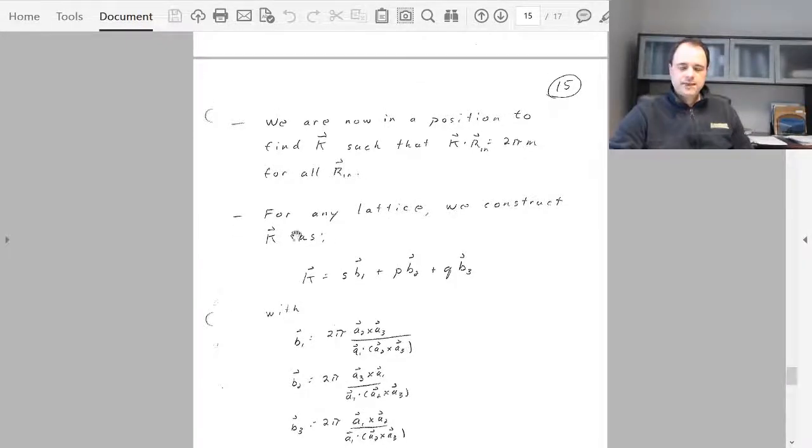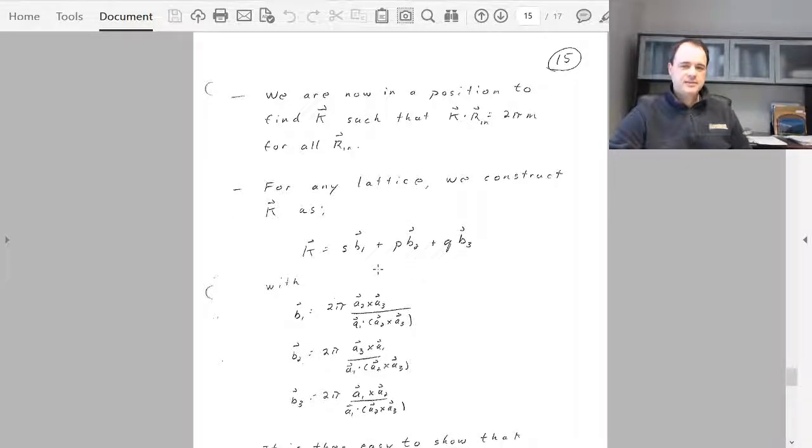Now, since K is a vector, let's write it in terms of three different vectors as well. And we'll call these primitive translation vectors, but for a different lattice, a reciprocal lattice, different from the real space lattice describing the physical items, the silicon atoms for silicon.